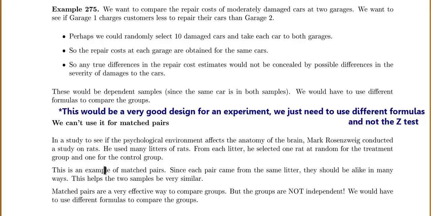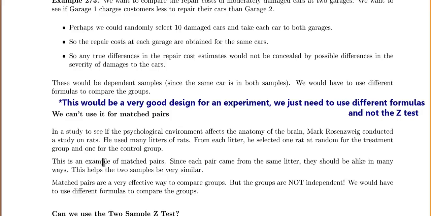And this is an example of matched pairs. Since each pair came from the same litter, they should be alike in many ways. And this helps the two samples be very similar. And matched pairs are a very effective way to compare groups. So it's a very good way to do experiments. But the groups are not independent because each group is related because the rats were in matched pairs. And so we'd have to use different formulas to compare the groups.